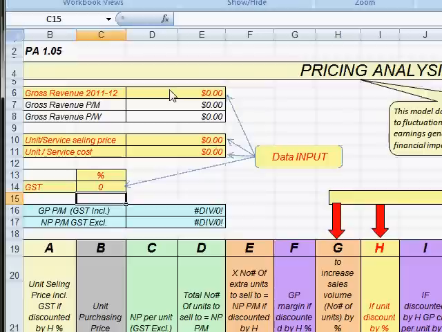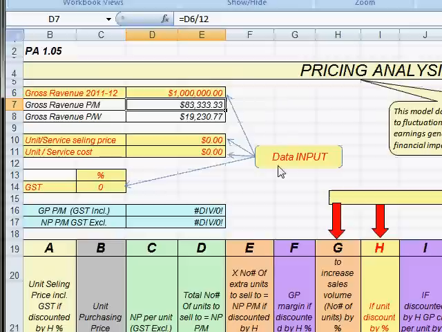In the first one, all we need to do is enter the gross revenue or turnover per annum for a particular product, or even we can enter the data for the business as a whole. Let's say for this instance it's $1 million, and automatically calculated per month, $83,000 turnover.